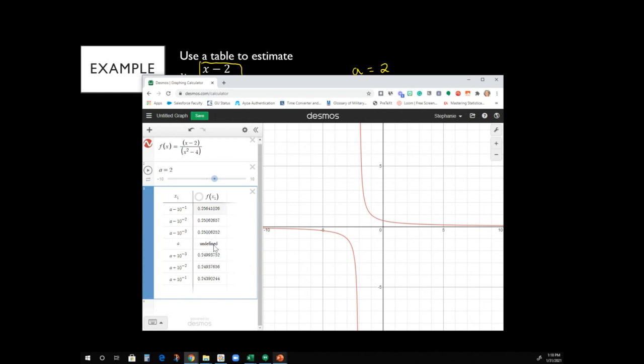Because that's essentially what our limit is. Your numbers are getting closer and closer to 0.25, and they're getting closer to 0.25 in this direction as well. So the most logical number that would be in this spot if it wasn't undefined would be 0.25, based off of the pattern we're seeing here.